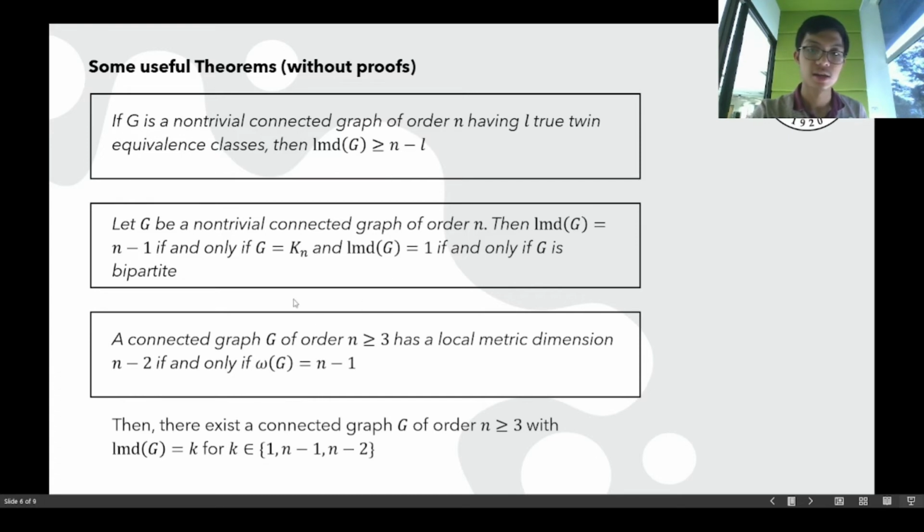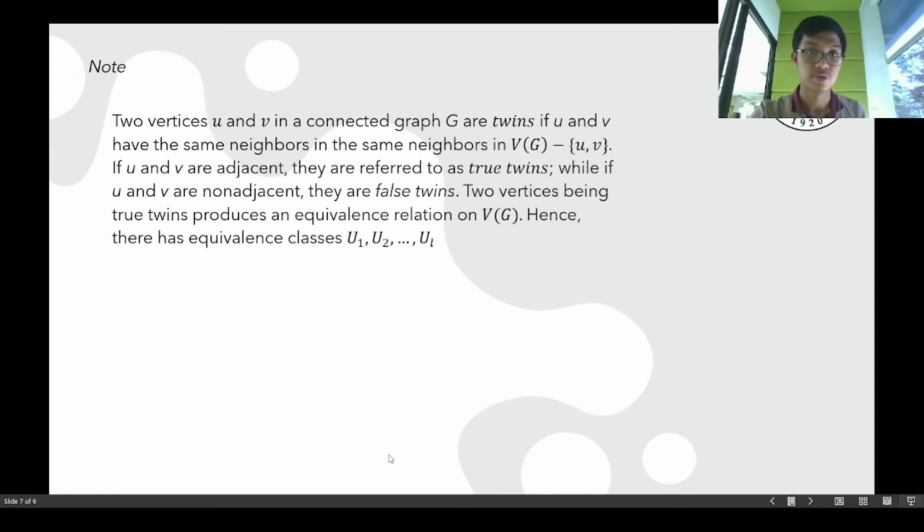And the last one: for a connected graph G of order n greater than or equal to 3, the local metric dimension is n minus 2 if and only if the clique number is equal to n minus 1. Thus, we already have a characterization of graphs with LMD 1, n minus 1, and n minus 2.